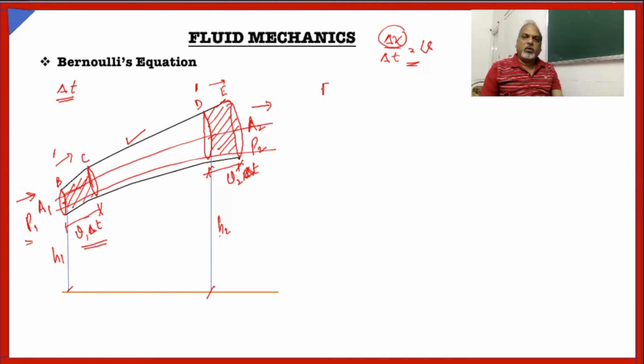Work done is basically force into distance, or you can write it as delta X. Force is nothing but P, pressure, into area, into delta X. So this is basically the work done at point B. So work done at point B will be your P1, here A is A1 and delta X is nothing but V1 delta T. Correct?